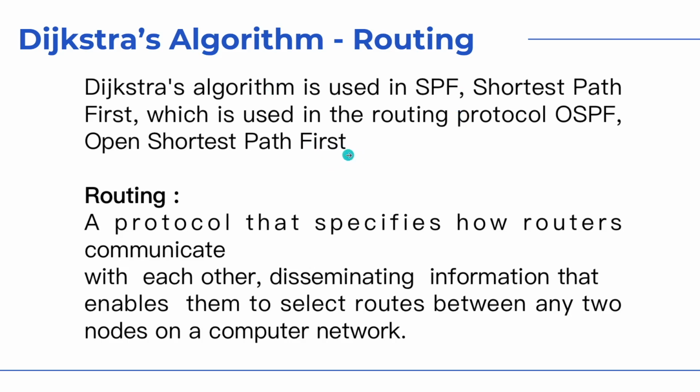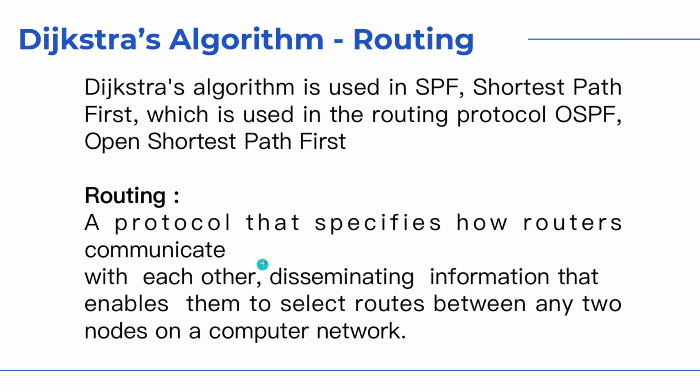This Dijkstra's algorithm is also used in routing. When it comes to routing protocols, all the routing protocols fall under either of two categories: one is open shortest path first, and another is distance vector routing. This shortest path algorithm is used with the routing protocol open shortest path first.